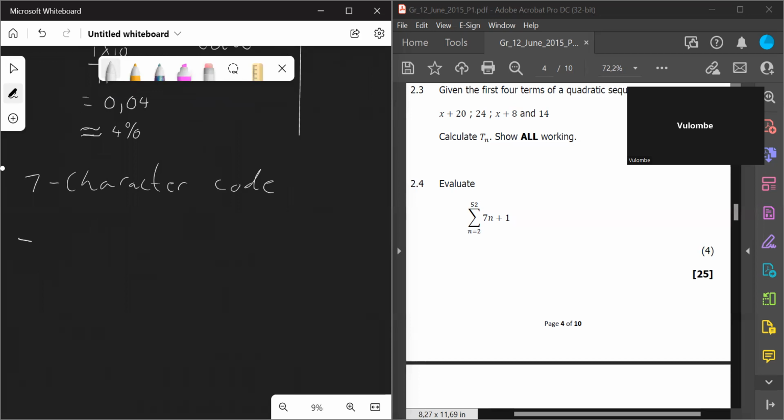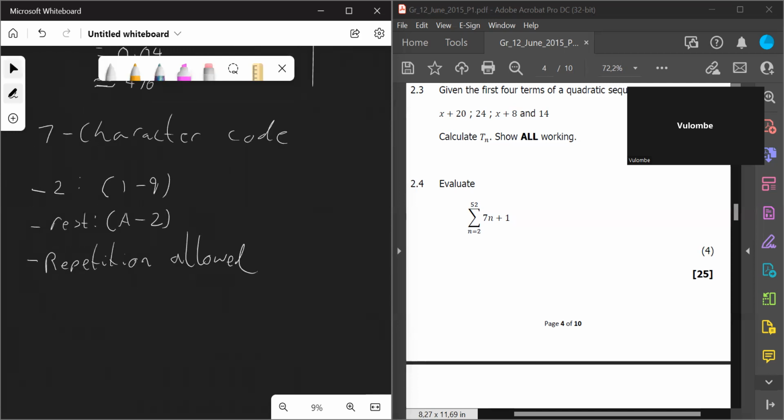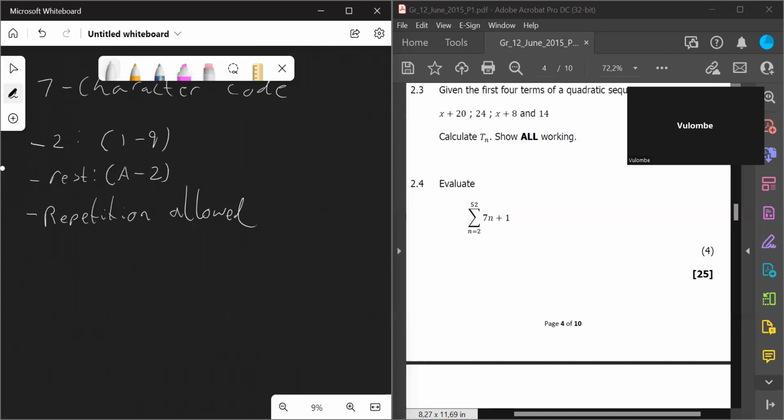The first two characters will have to be a number between 1 and 9, and the rest of them can be one of the letters from A to Z, all right? And then they say repetition is allowed. They do cover these questions in detail in the series I just told you about. Vulombe, Lifatsi, you're gonna get this video too, so I do suggest you check them out as well.